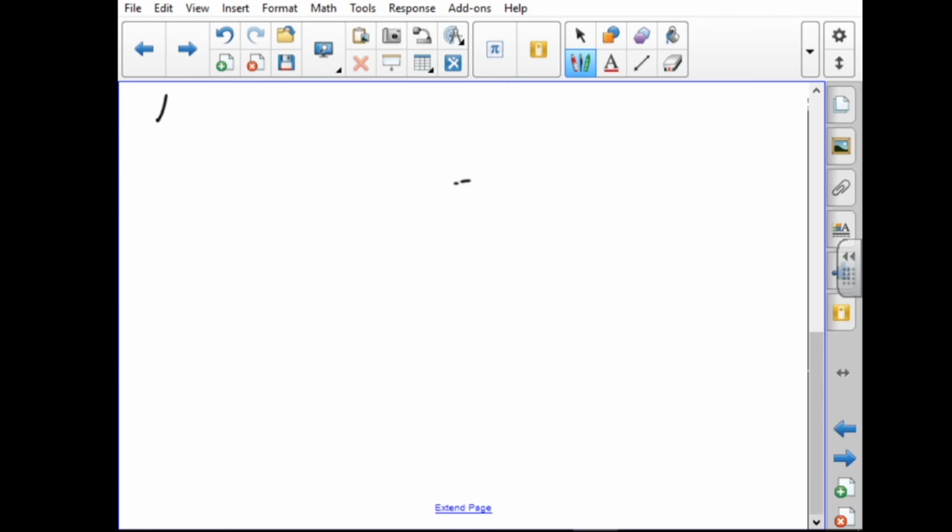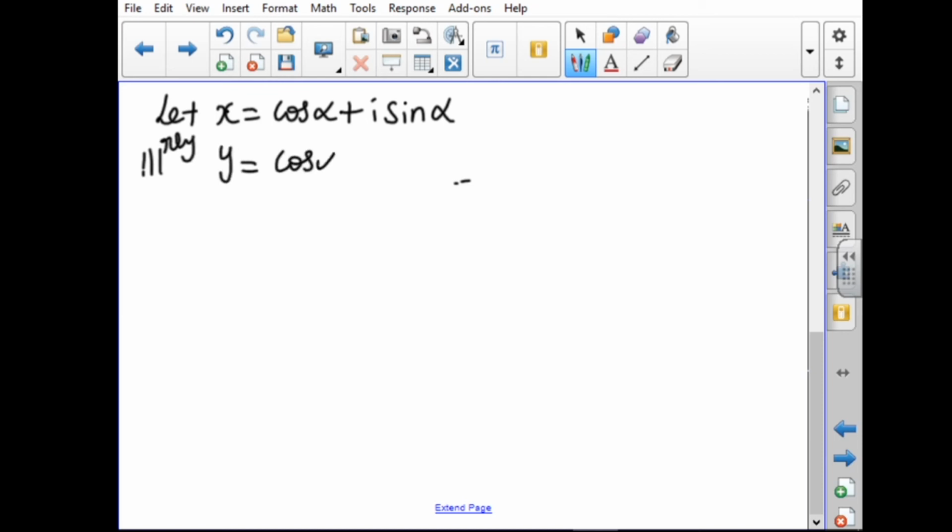So let us consider now, let x is equal to cos alpha plus i sin alpha. Similarly, y is equal to cos beta plus i sin beta.